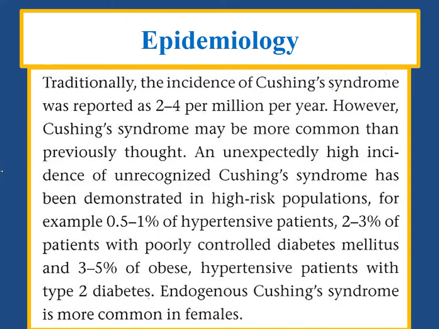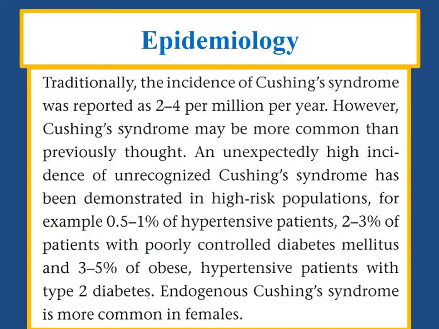Epidemiology of Cushing syndrome. Traditionally, the incidence of Cushing syndrome was reported as 2 to 4 per million per year. However, Cushing syndrome may be more common than previously thought. An unexpectedly high incidence of unrecognized Cushing syndrome has been demonstrated in high-risk populations.